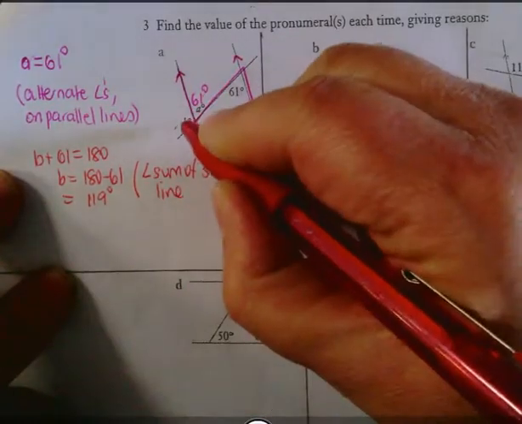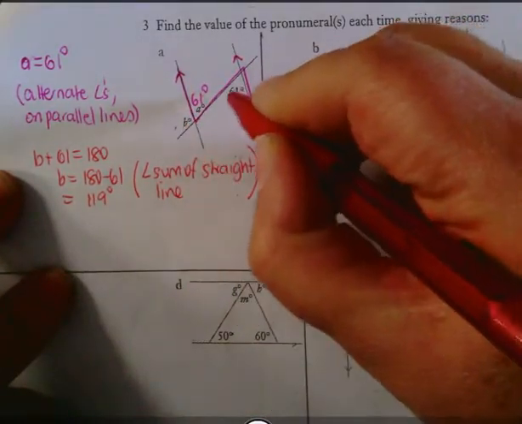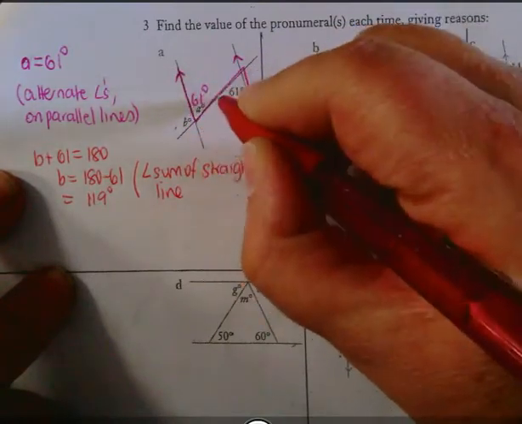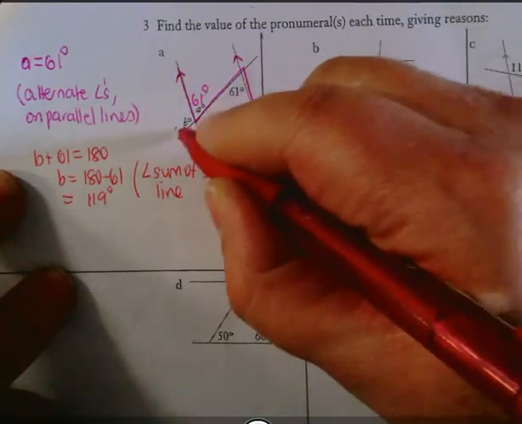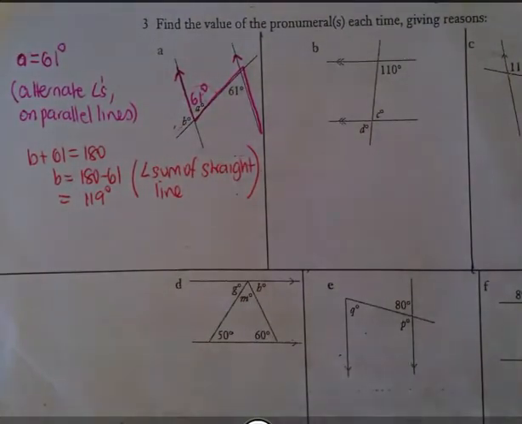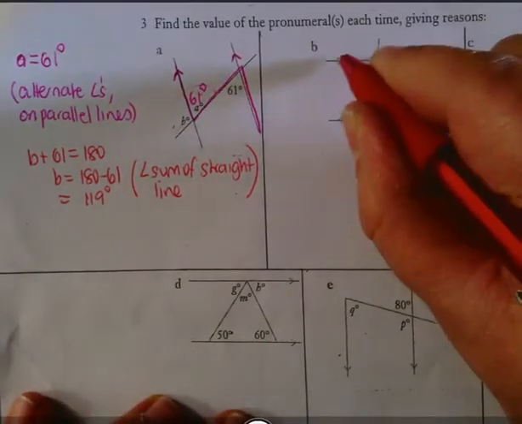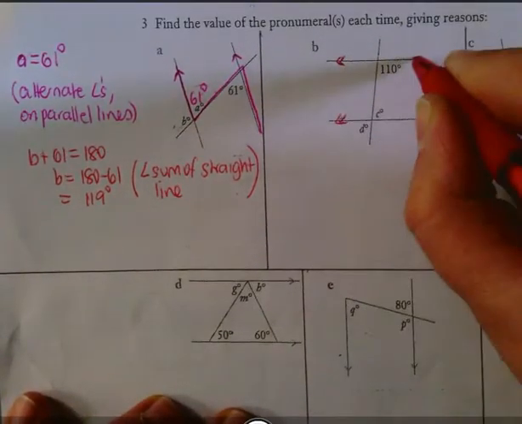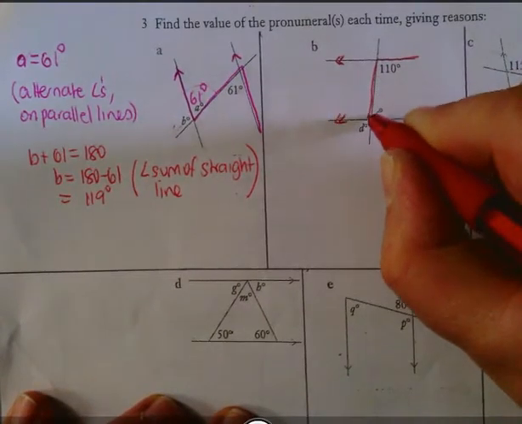So you cannot find B directly from this 61 here. First you have to do your alternate angles, and then we've got that A and B lie on a straight line.